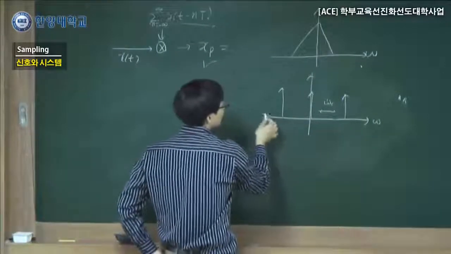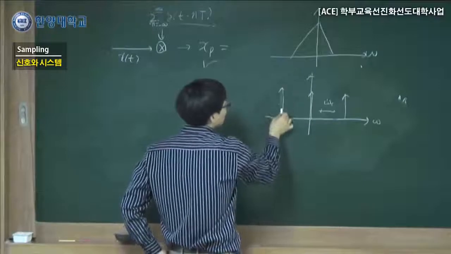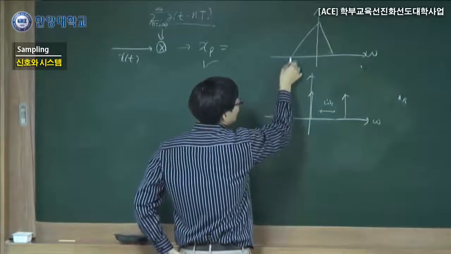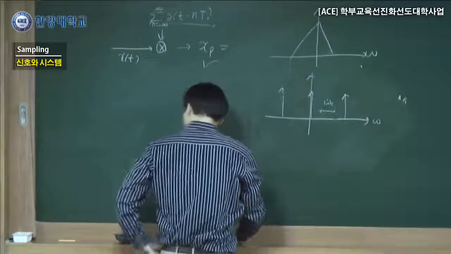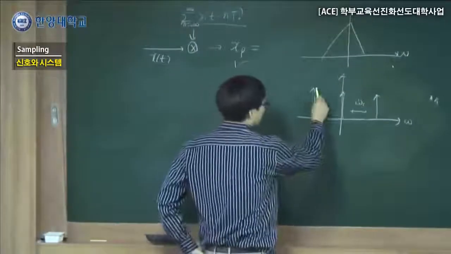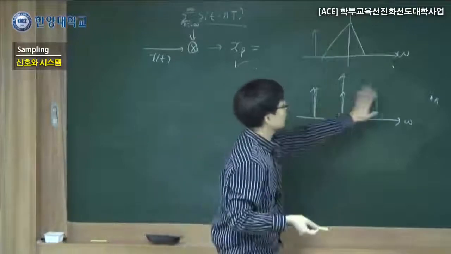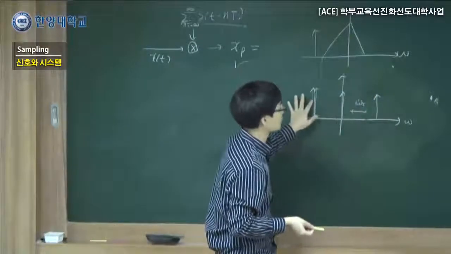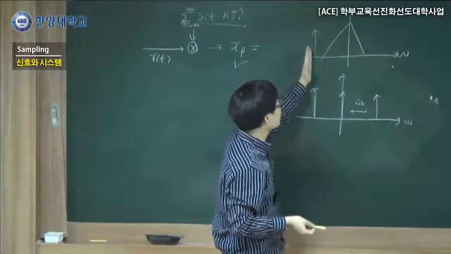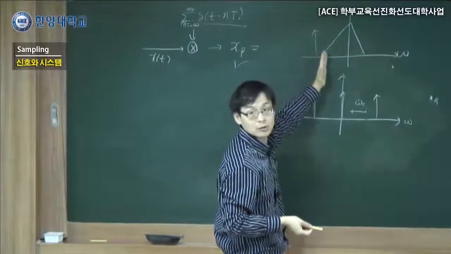When you sweep from the lower side, say this one comes to here, just forget about this one right now. Just focus on this yellow. When this one is here, then nothing comes out.